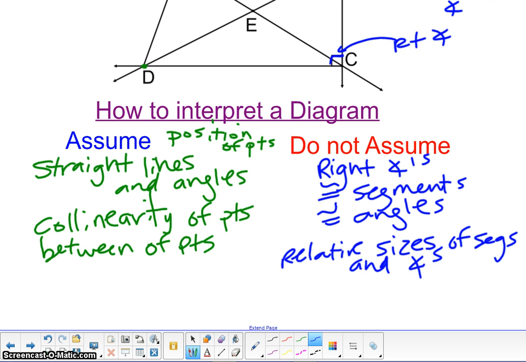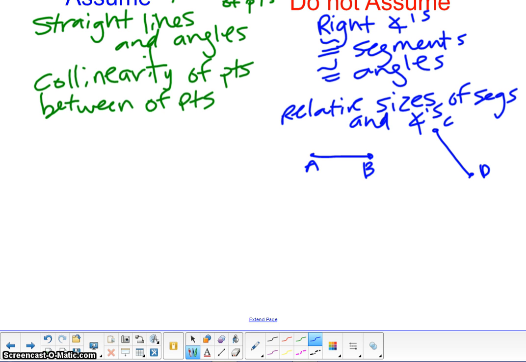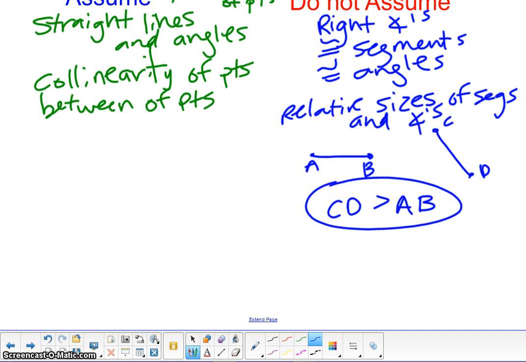So what that means is if you have a segment like AB and then you have maybe a segment over here that looks a little longer, you cannot assume that CD is greater than AB. So you cannot assume that one's bigger than the other or one angle is bigger than the other.